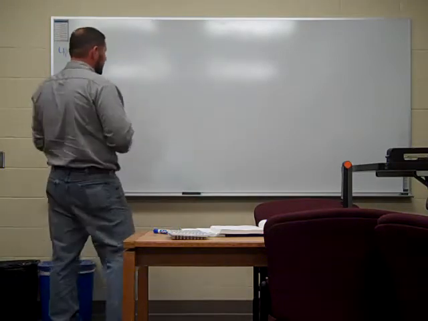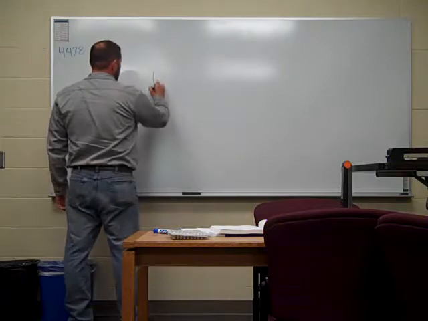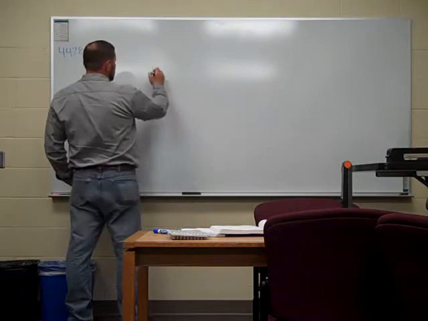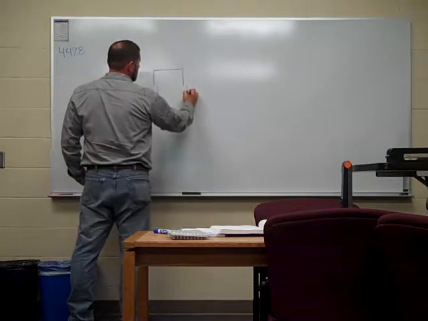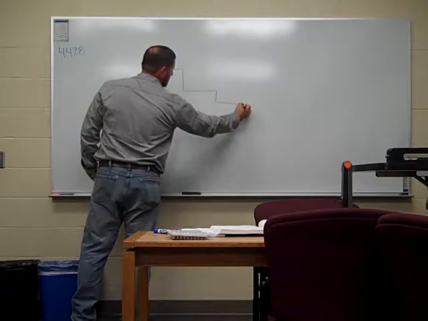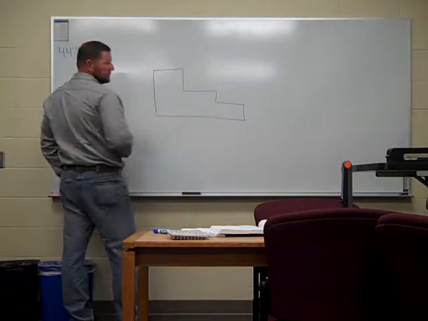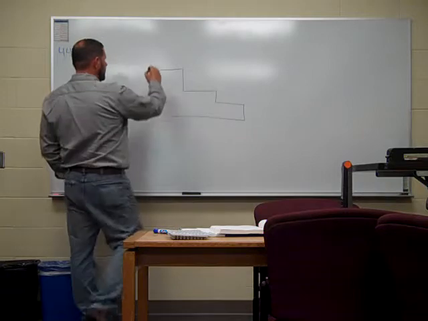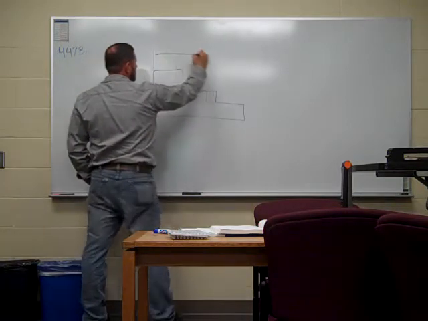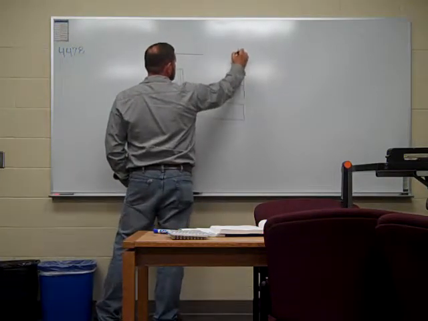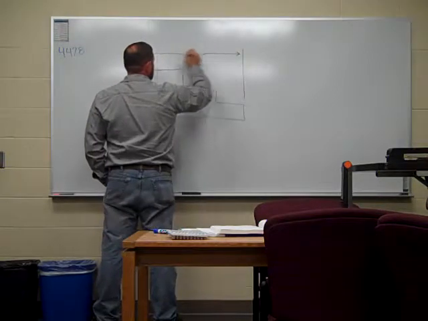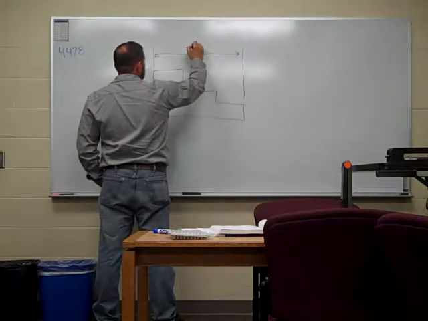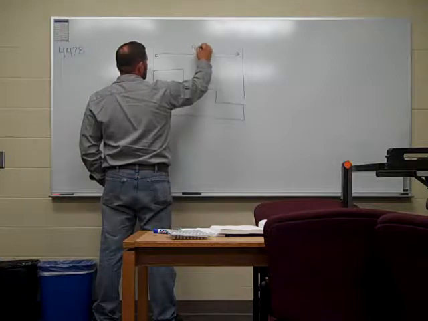Like a broken chain dimension that you see at the top of page 121, they have an object that looks like this. It gives you the overall length. Here are our extension lines, dimension lines. Let's say this is 4.5.